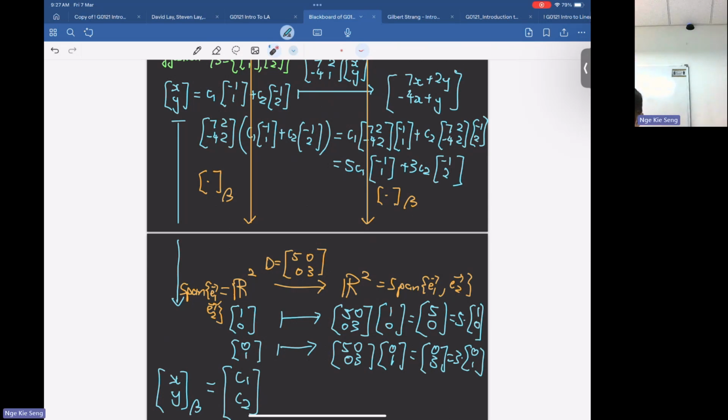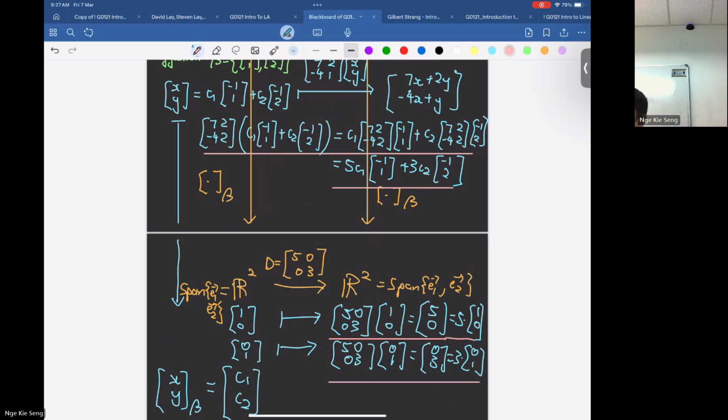Let me highlight for you what to see here. Can you see that this part of the calculation is equivalent to this part of the calculation? Try and observe.